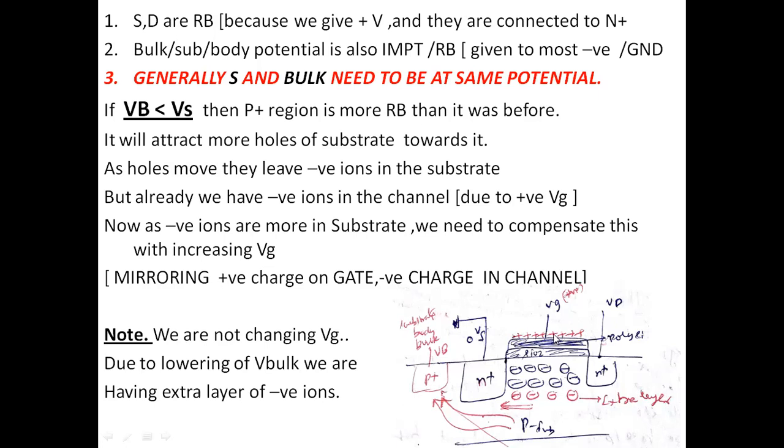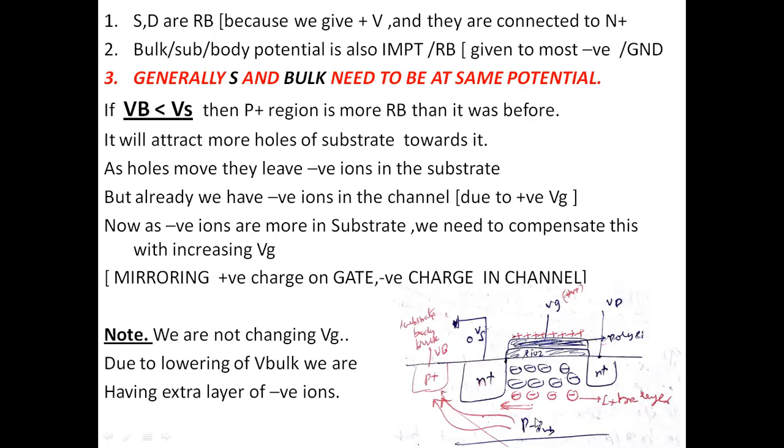Hence what we can do is increase the gate voltage, so as to compensate for an equal number of electrons in the channel. We call this mirroring, meaning the positive charge on the gate should be equal to the negative charge in the channel.